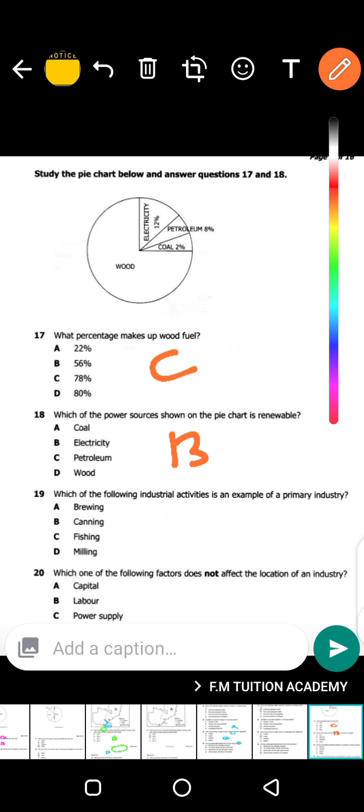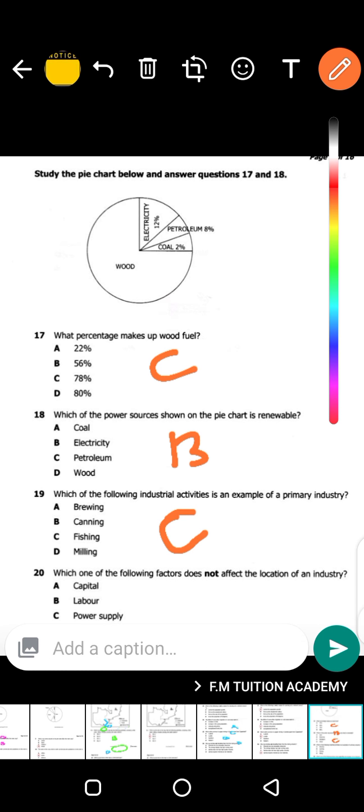And then here, a primary industry, meaning it's an industry where you're getting raw materials, such as agriculture, mining, forest. Those ones are primary industries because you're getting direct raw materials, you see. So an example of a primary industry here is actually fishing, because you're just getting fish direct, it's natural.